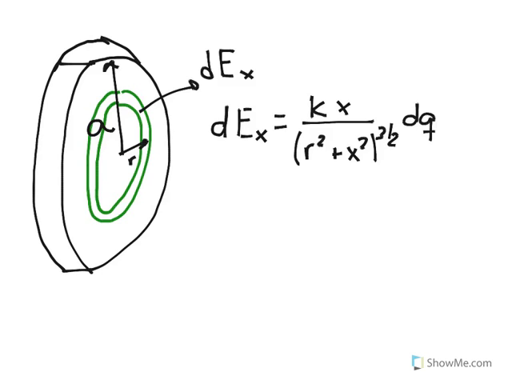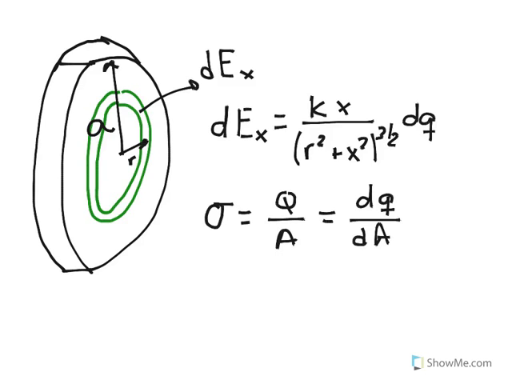So we can define the superficial density of charge, called sigma, as charge over area, or the differential of charge over the differential of area.